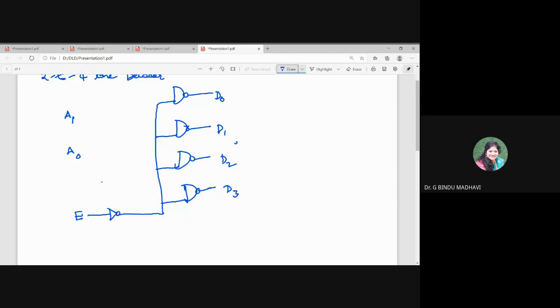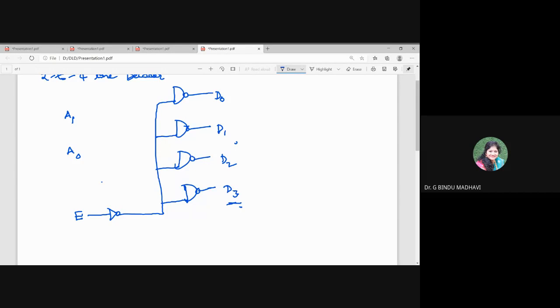For the first circuit we supplied E directly, but here we are supplying E after inverting.